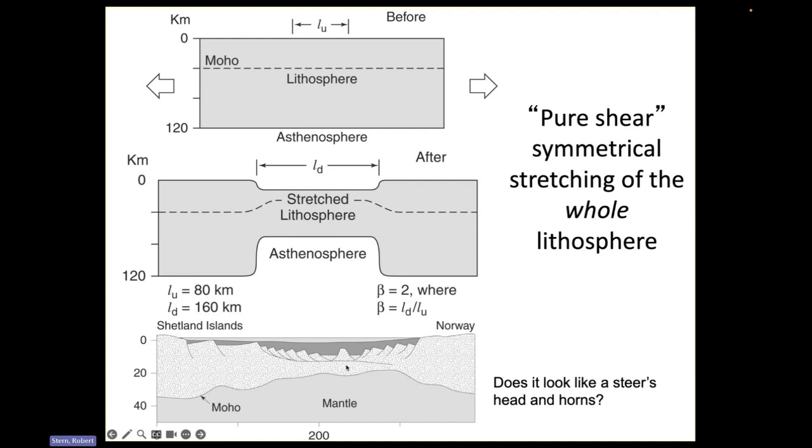And so this is the rift in the North Sea rift graben. Does it look like a steer's head to you? Probably not, but the tectonic subsidence is down here and the steer's horn is a much wider zone.